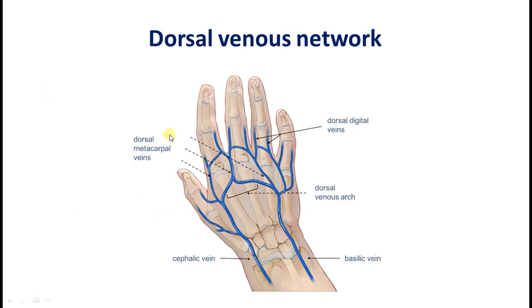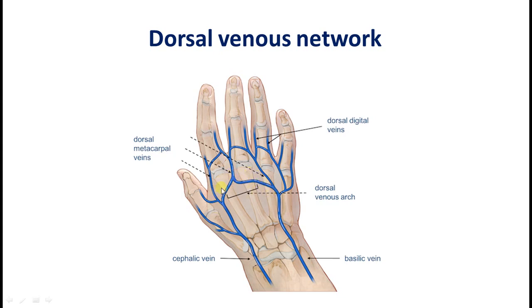So the dorsal venous network is mainly formed by the dorsal digital veins from either side of the digits. These proper dorsal digital veins unite to form the dorsal metacarpal veins. The dorsal metacarpal veins of the second, third and fourth digit unite to form the dorsal venous arch.